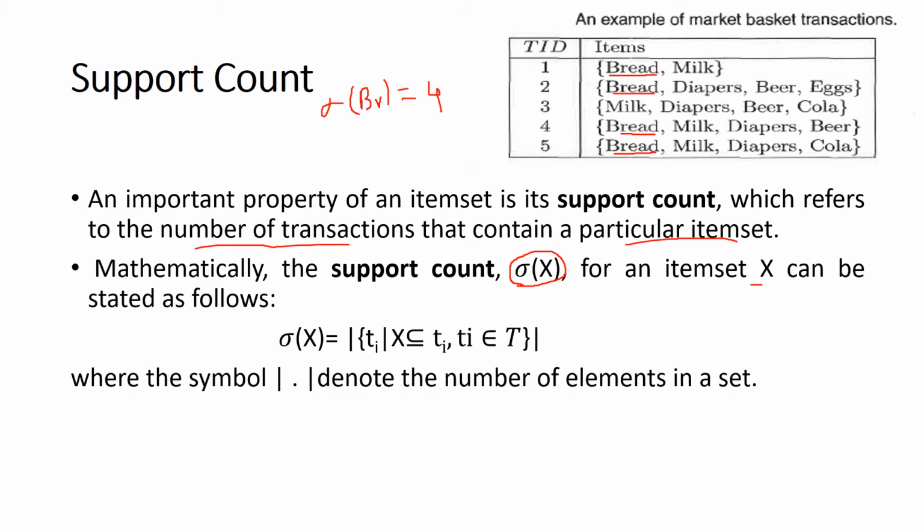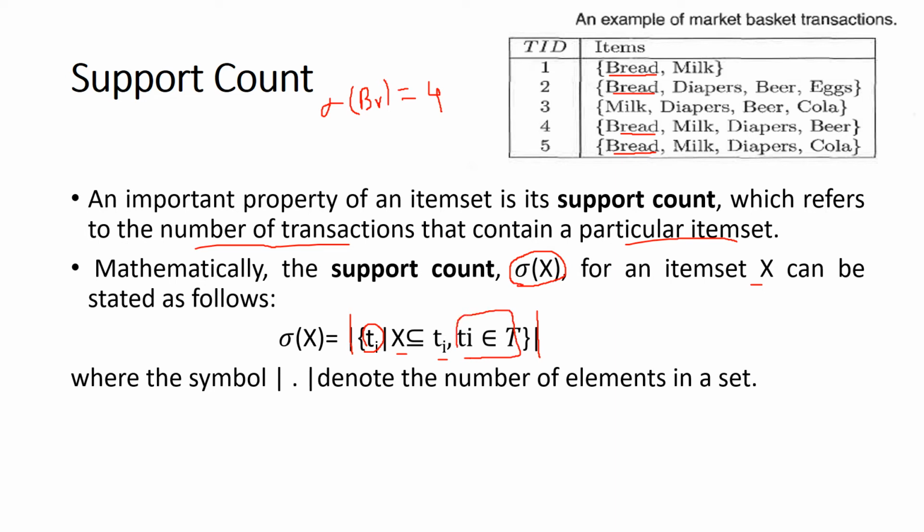Rho of X is equal to the number of elements, this symbol denoting the number of elements, or number of transactions Ti such that the item set X is contained in Ti, and Ti belongs to the set of all transactions.